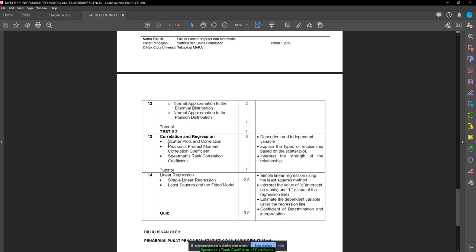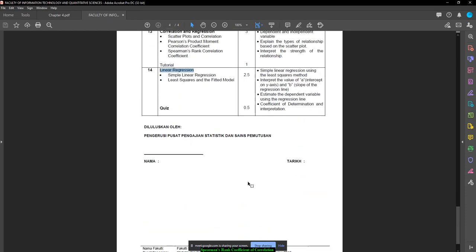We have covered scatter diagram, Pearson product moment correlation, Spearman rank correlation coefficient, and we also looked into linear regression, which is simple linear regression using the least square method. Basically, I have shown you in a previous lecture video using the least square method, and we already looked at how to fit the model and interpret the slope and intercept of the equation.